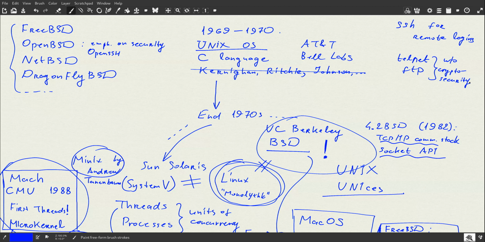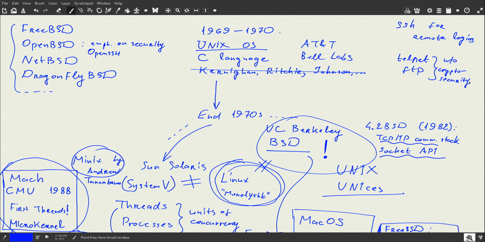Many other good ideas coming from the BSD operating system are still very widely used. So all of them, BSD for sockets and security, Linux for what we use every day, Mach for threads, have been very important founding stones of modern operating systems.